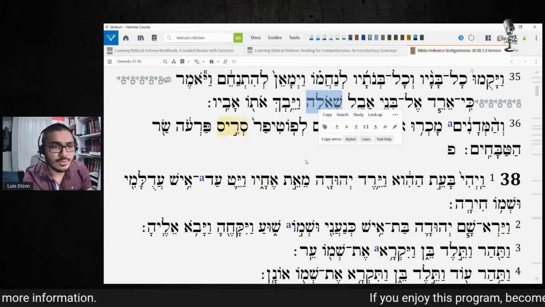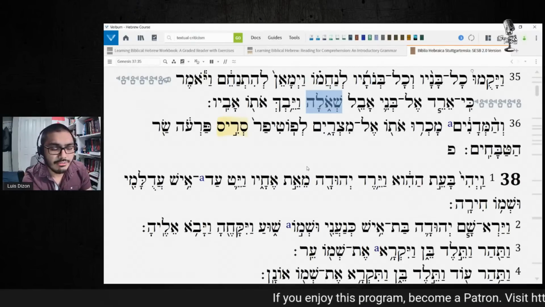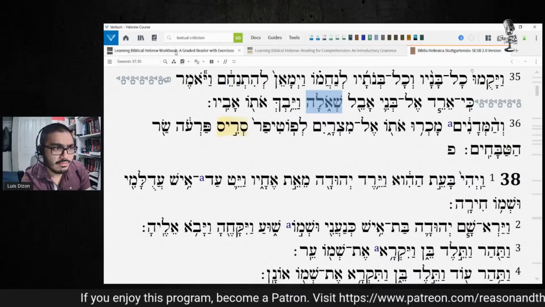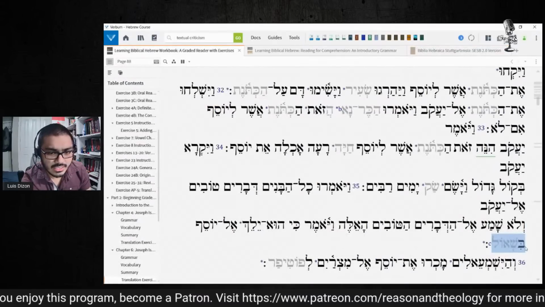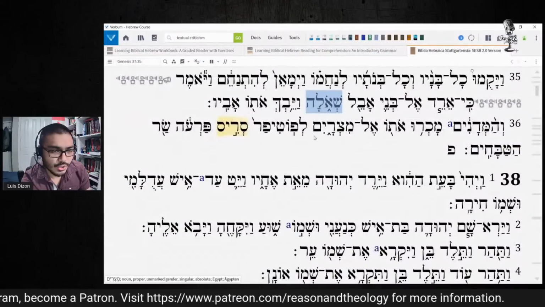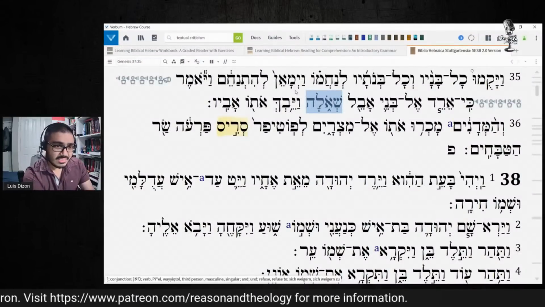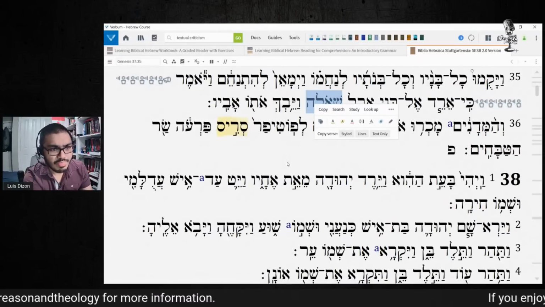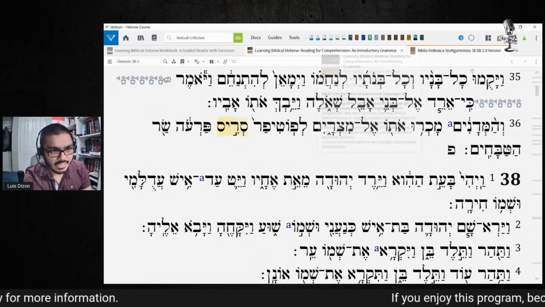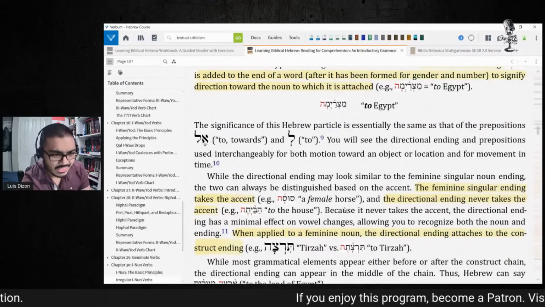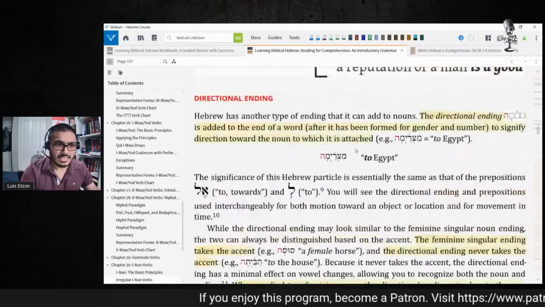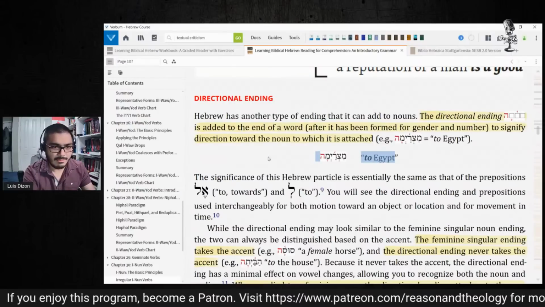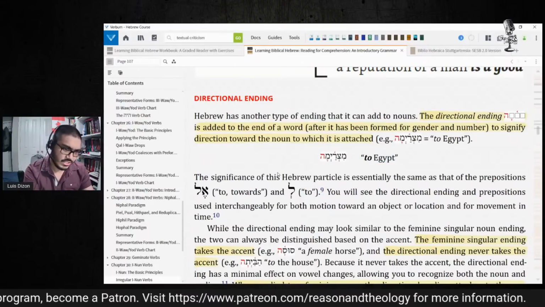So in the actual unsimplified form of Genesis 37:35, Jacob doesn't say bishol, he actually says sheola. So this hey at the end of sheol is what you call a directional ending. It means sheolwards. So it is to indicate something is heading somewhere. So here's another, Mitzrayma. That means Egypt-wards.